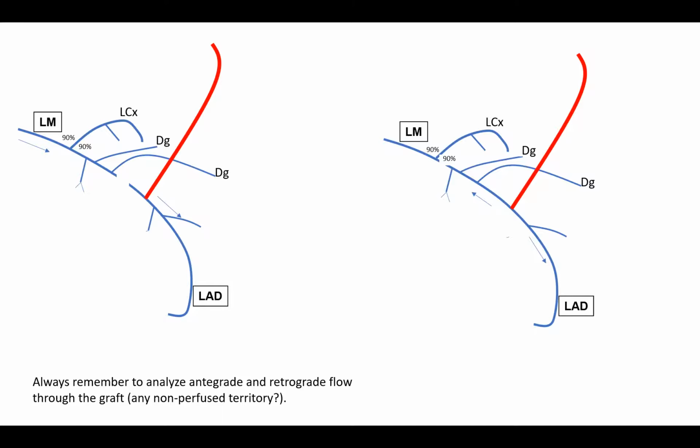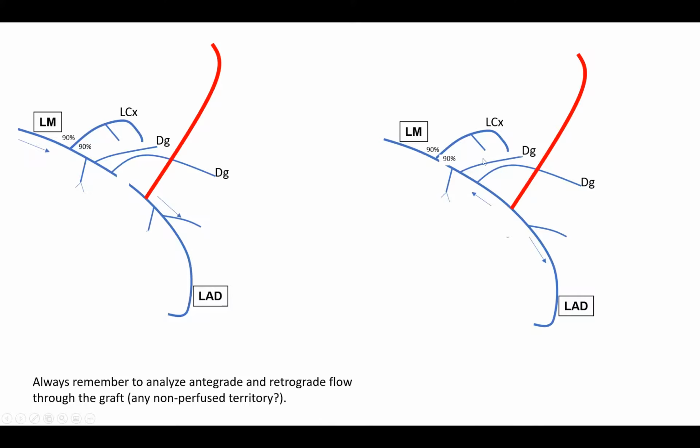So you have to already map in your brain every coronary territory: LAD, what's the graft feeding, what's the native feeding? Same for the circumflex and for the RCA. Imagine another patient who has a LIMA to LAD, but there is no retrograde disease behind the LIMA. So the LIMA fills retrogradely all the way to the proximal LAD where the disease is.